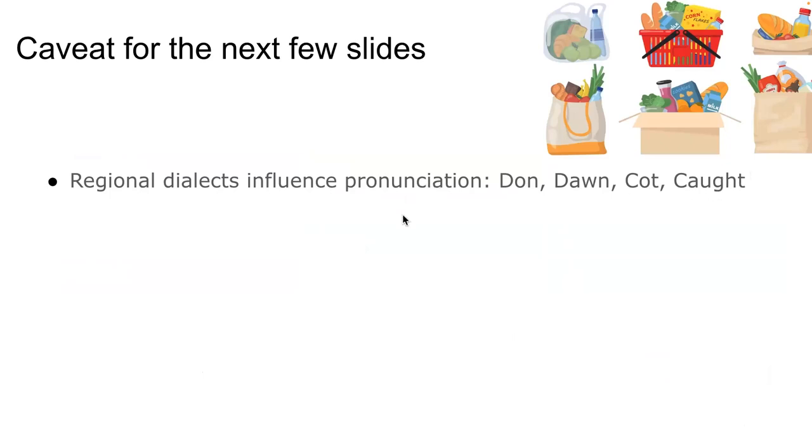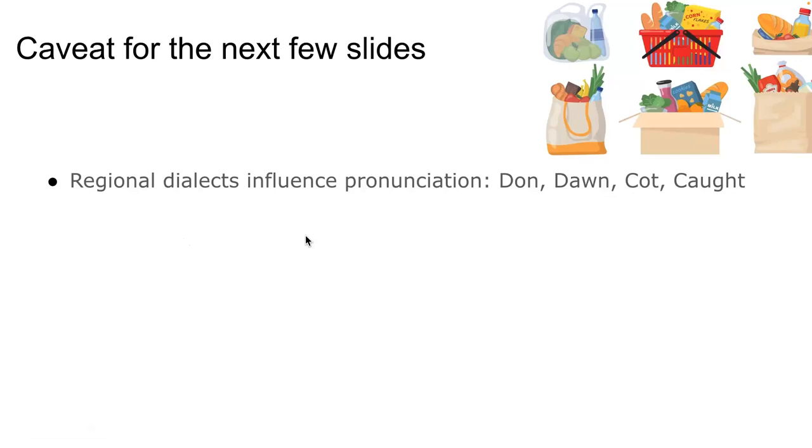So for me in the Midwest, I distinguish those sounds. Other parts of the United States say those words exactly the same. And so everything that I'm showing you, there's going to be some regional variation. And that's just within the United States.